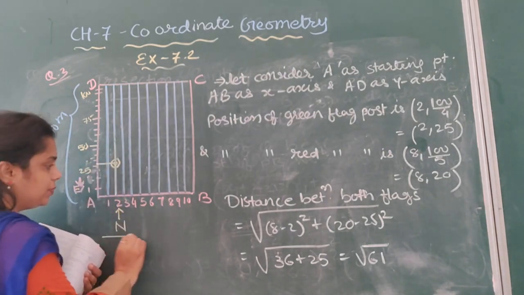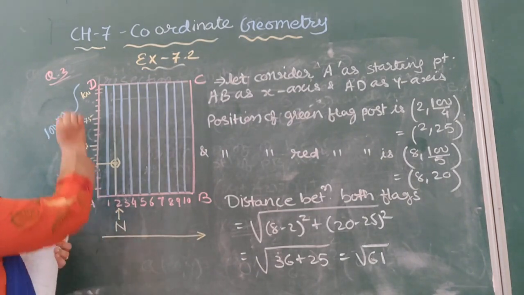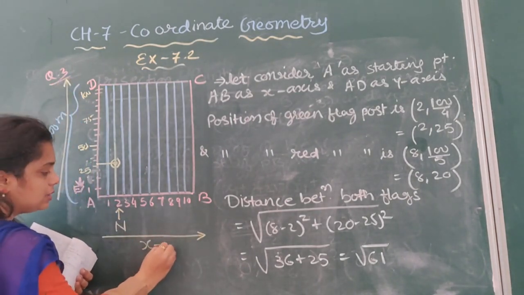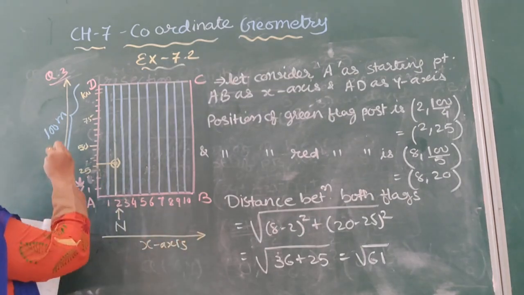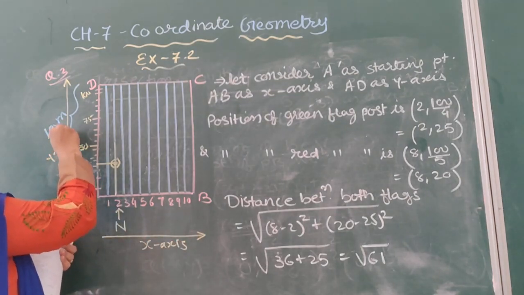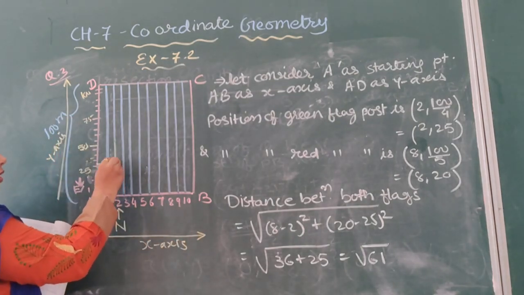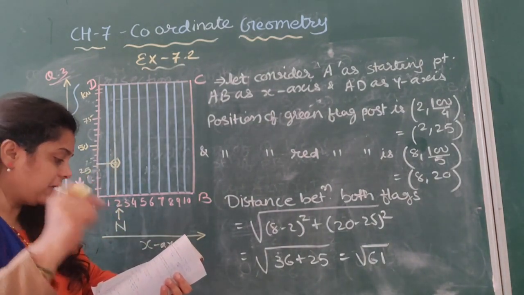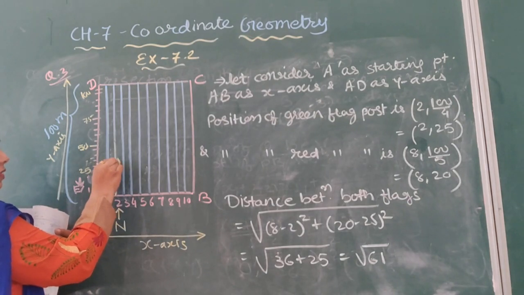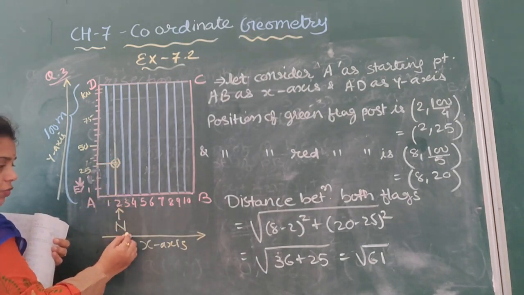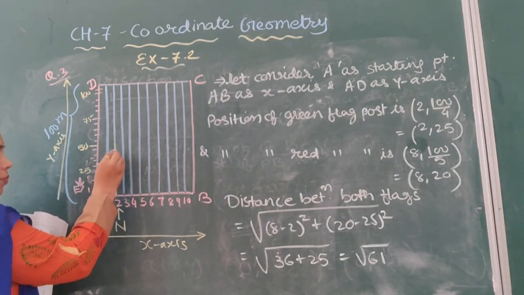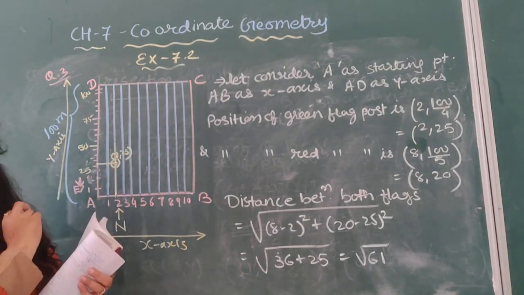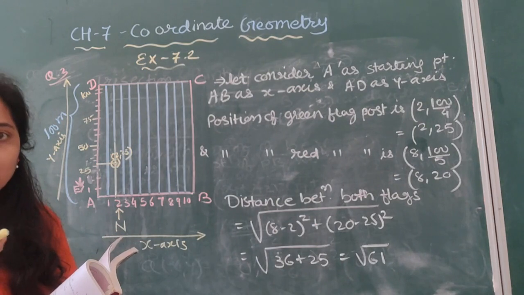Now if you see, this is AB as the x-axis and this is AD as the y-axis. The coordinates of the point where Niharika posts her flag are, first we take the x coordinate, 2, and 25 is the y coordinate. I hope you got this.